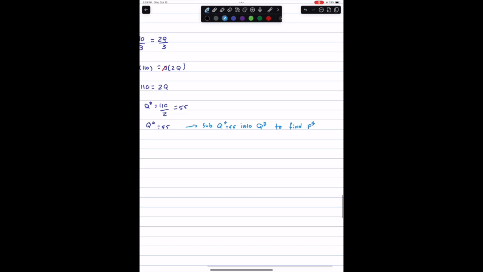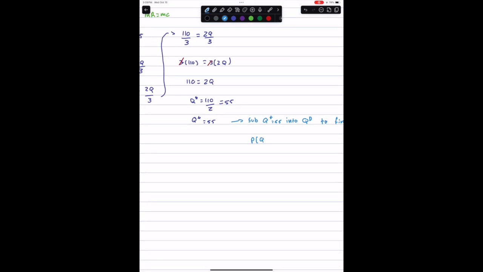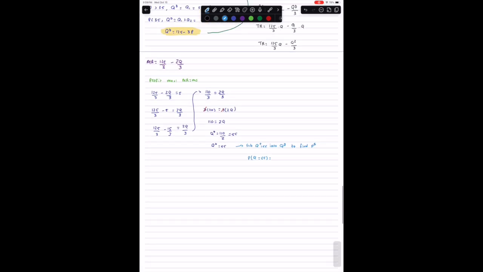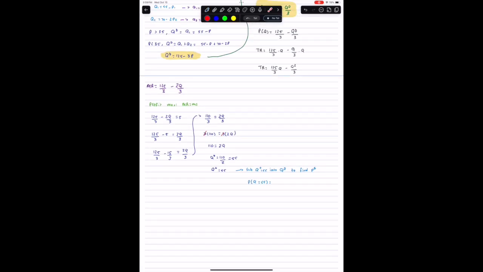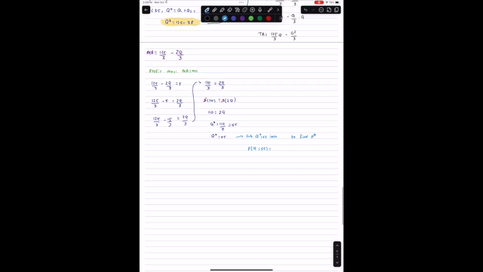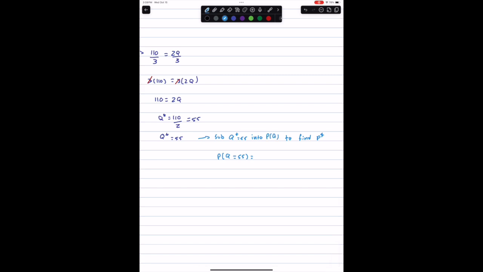So we know P when Q is equal to 55 is equal to, not this function, this function. Sub Q star is equal to 55 into P of Q. So as you can see with this question, it's really easy to make mistakes that are going to carry over into your whole thing.